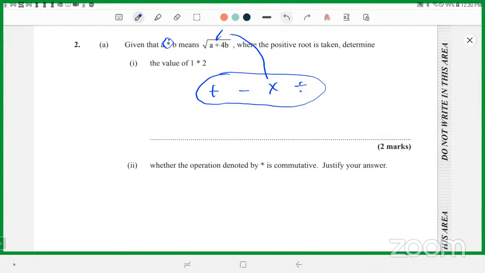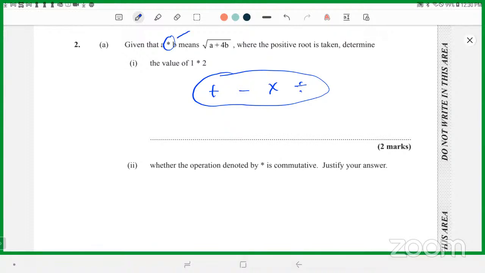So you see that this binary operation that they gave us is really just a combination of these basic operations that we normally have. So instead of going for the simple plus or the simple minus or the simple multiply or the simple divide, sometimes they define a new operation for us that they call star. This is the symbol star or asterisk.